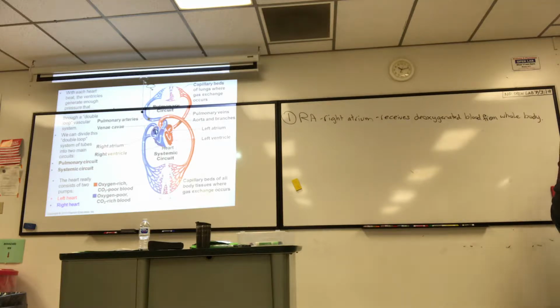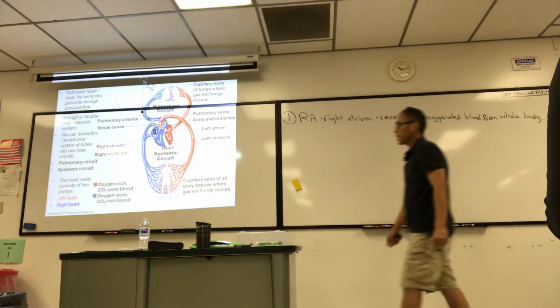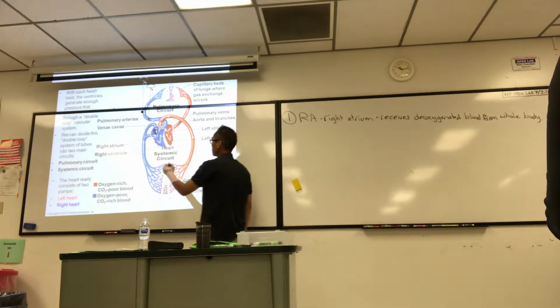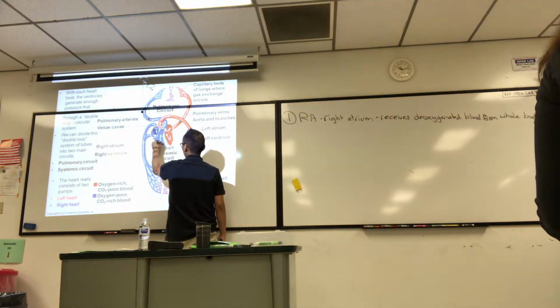That's kind of what's illustrated there. You can see all the blue blood being returned to that one chamber. If blood is deoxygenated, it's the job of the right heart to pump it to the lungs to get oxygen. So from number 1, blood flows from the right atrium on forward to number 2 right here.